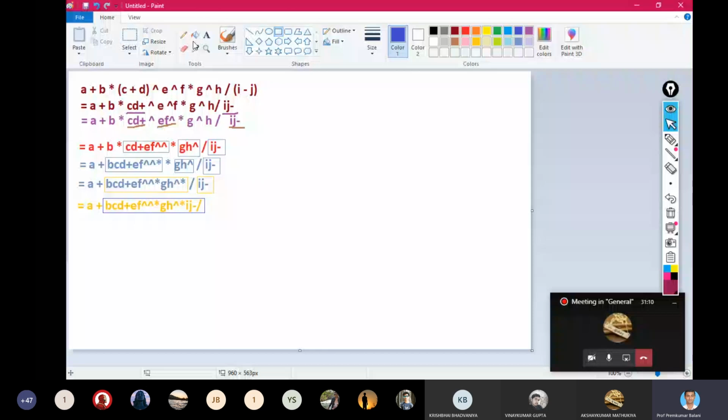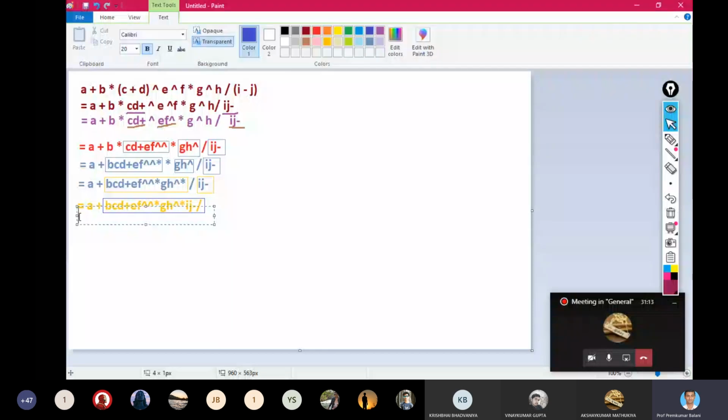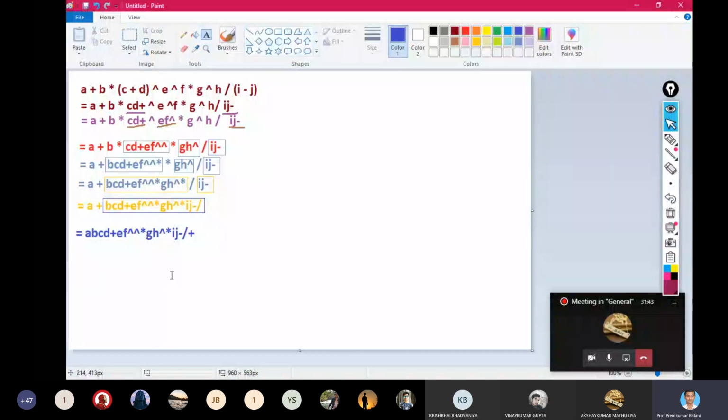Now next, what to be done? I think now it's easy for you. Now equal to A BCD plus EF raised to star GH raised to star IJ minus division and plus. So this is my postfix expression. Have you got it, everyone?